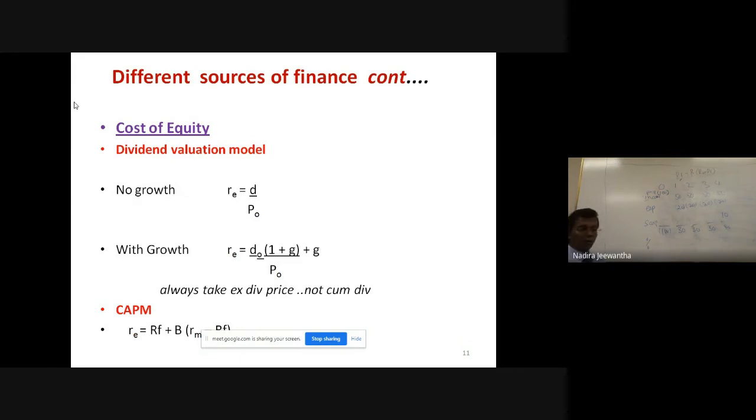Individuals, of course, if you want, you can, but individuals are not using these dividend valuation models to find out their required rate of return. They don't use this.